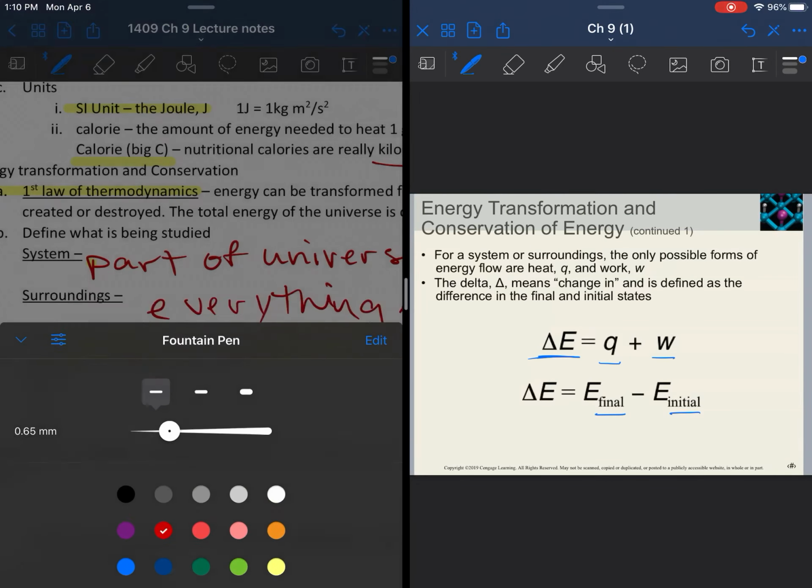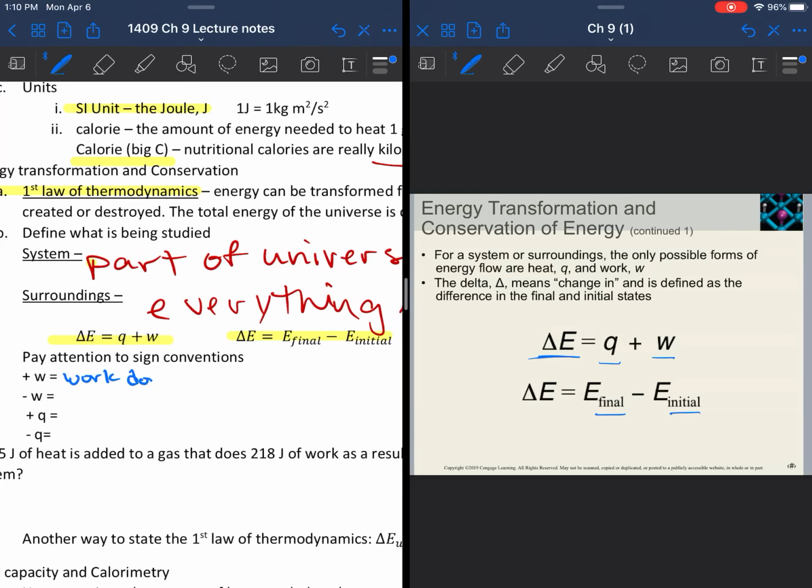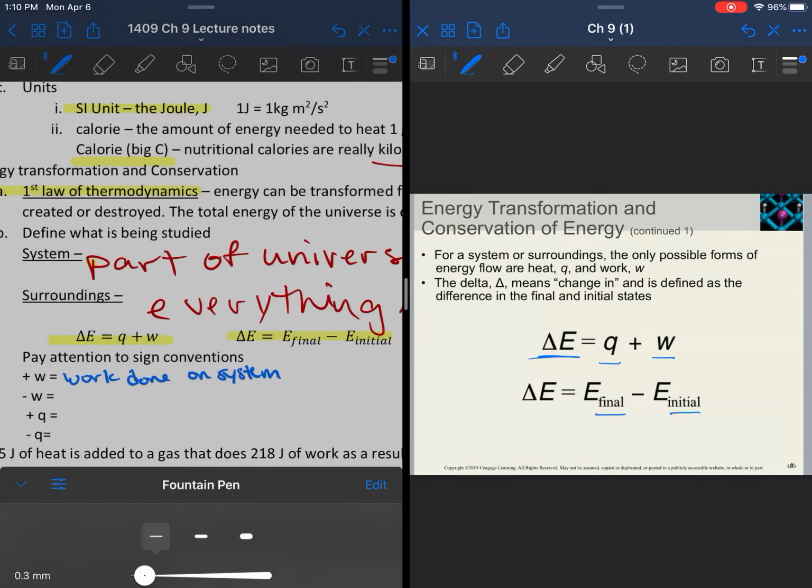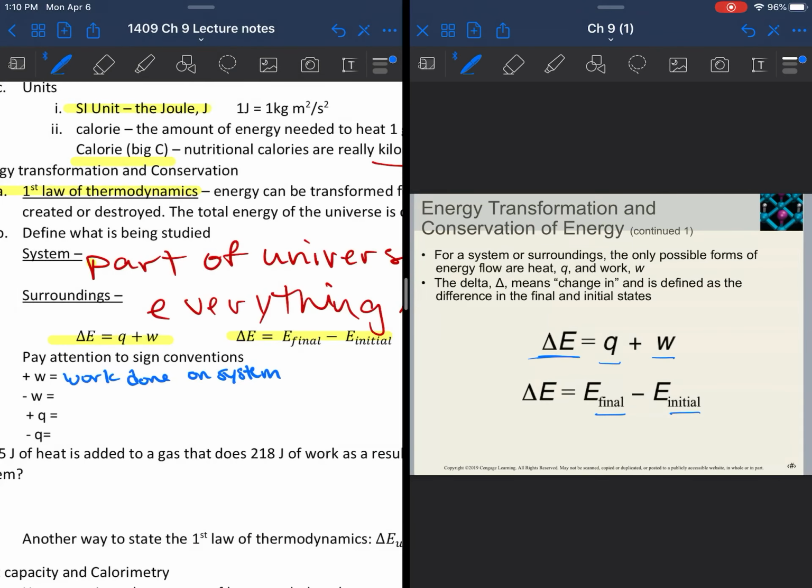All right, a plus sign in front of W. Let's expand this a little bit. Red is aggressive. Let's get back to our blue. A positive amount of work is work done on the system, right? We are putting energy into the system by doing work on the system.